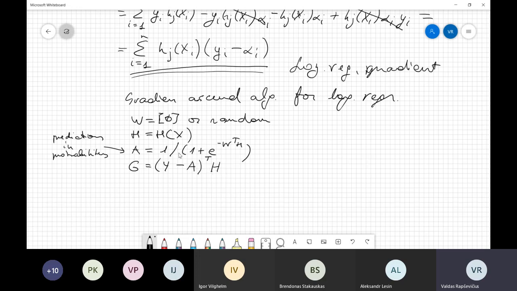Actually, this is the feature matrix, since we have all the features here, so we don't loop. So this is a totally vectorized solution where we have matrices and vectors only, right? So this becomes a feature matrix.